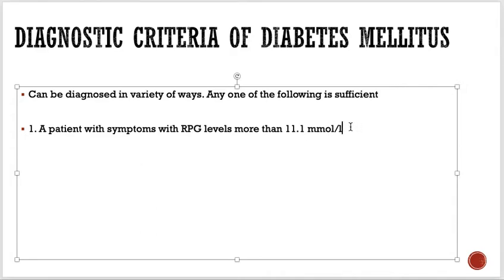Of course I'm talking in millimole per liter, and if you have a glucometer at home, most probably they give you the values in millimole per liter as well.